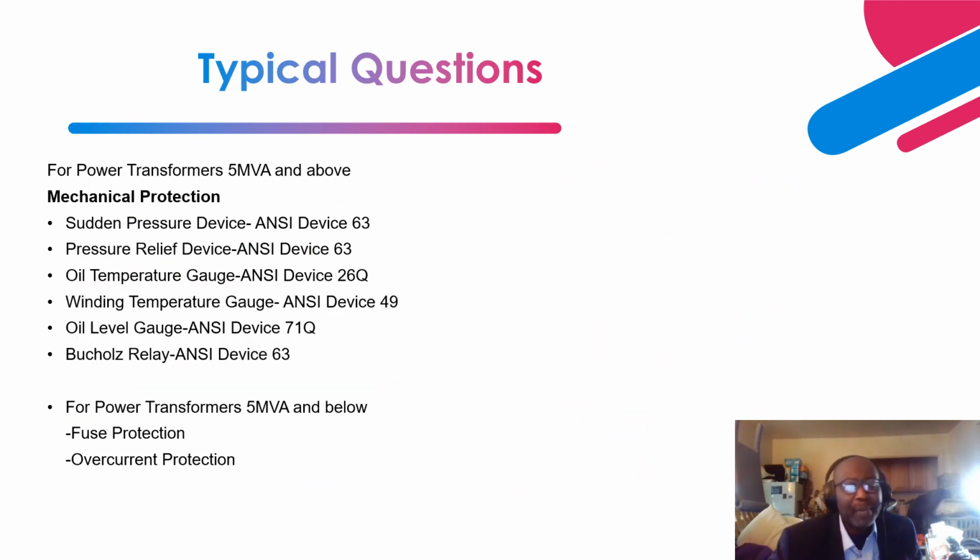So now let's talk about the mechanical protection. In the previous slide, we did talk about the electrical protection elements for the transformers. Now let's talk about the mechanical protection elements. The first one is the sudden pressure device. If you have a main tank of a transformer filled with oil, the sudden pressure device is mounted on the sides.